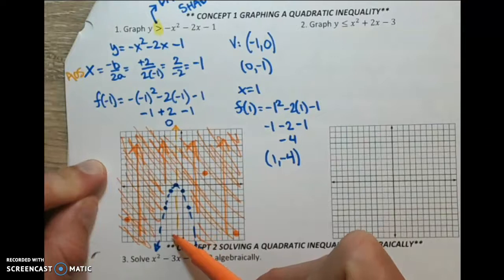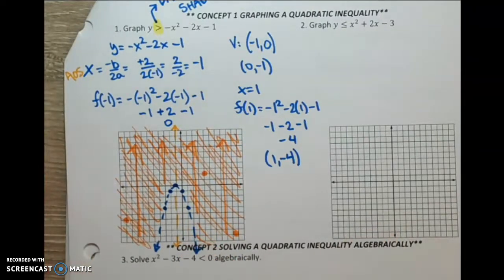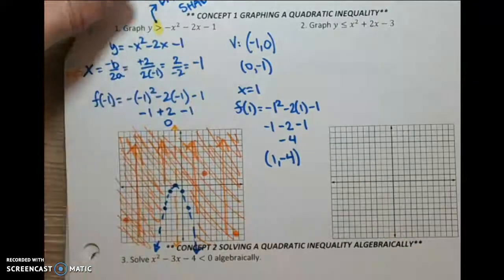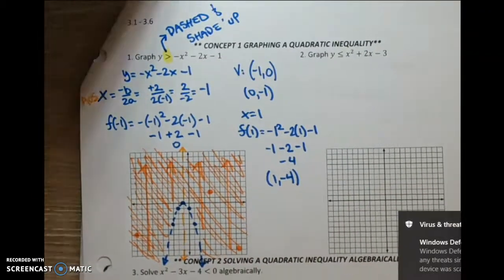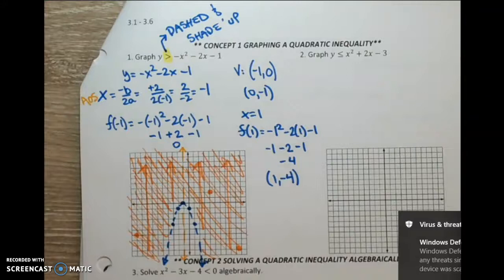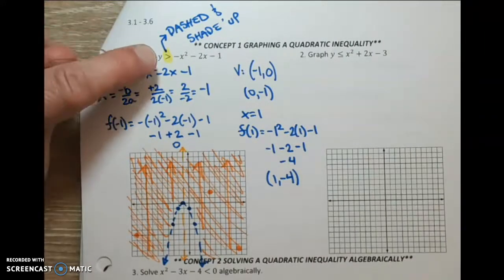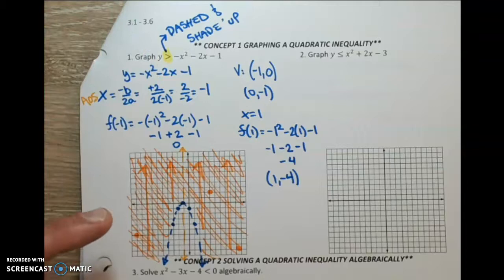No, that point wouldn't work because it's not shaded. Basically, you are going to go about this the exact same way you'd graph any parabola. The only difference is you're going to identify if it's dashed or solid, shading up or shading down, and then apply that to your graph.